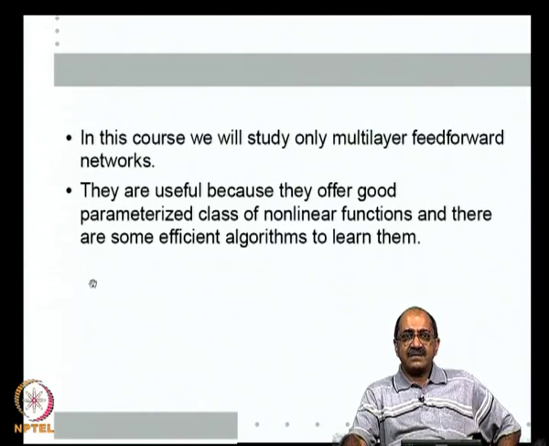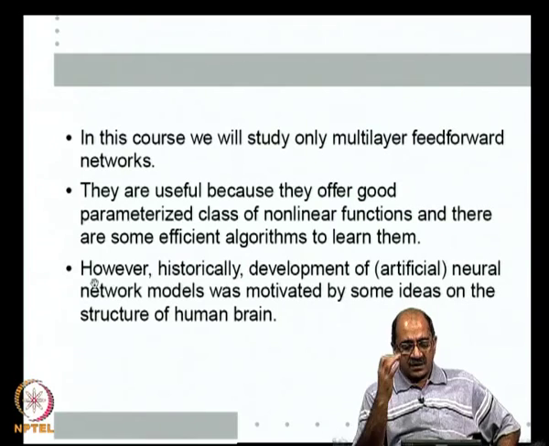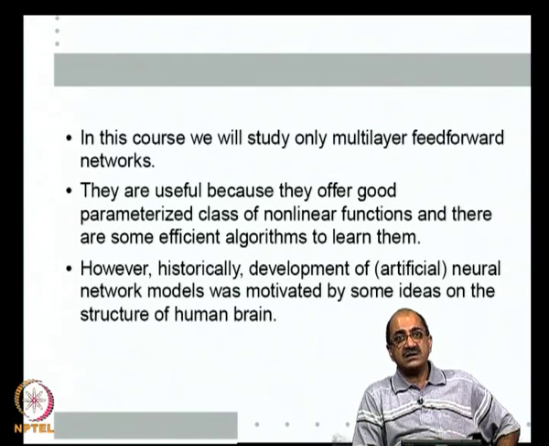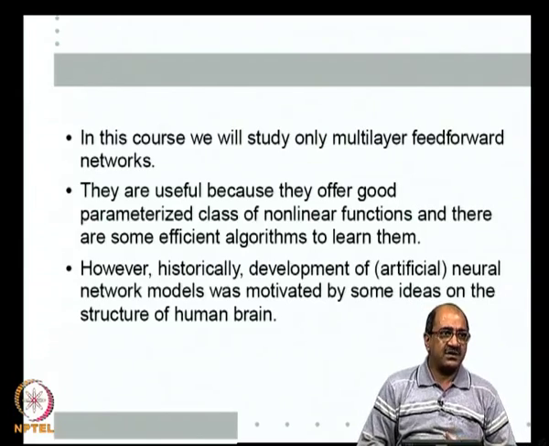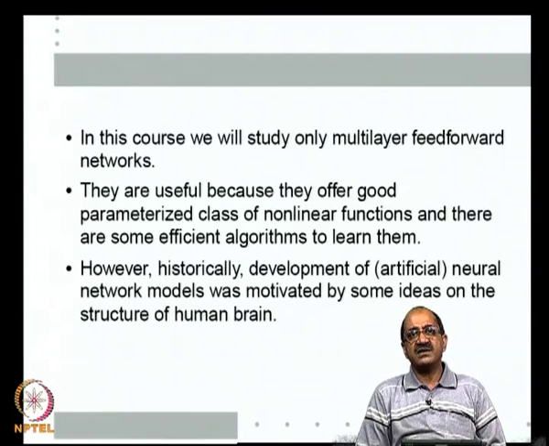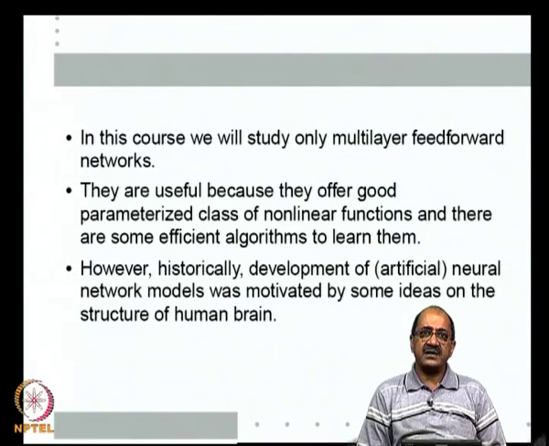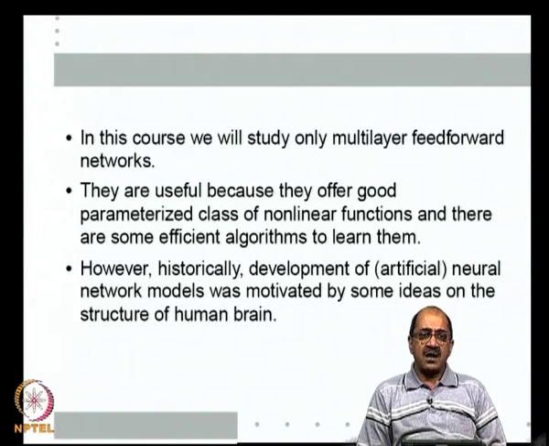But having said that, the neural network models themselves were developed historically with some other motivation. The original motivation was not just to find a good parameterized class of nonlinear functions. While that is there, actually the entire field of neural networks developed from somewhat of a different standpoint.